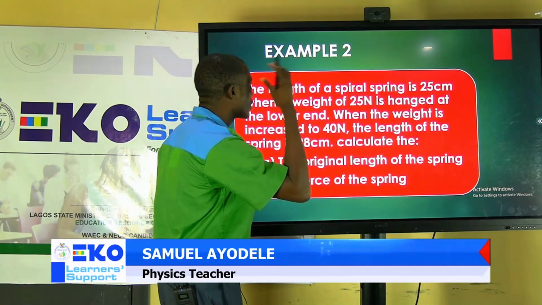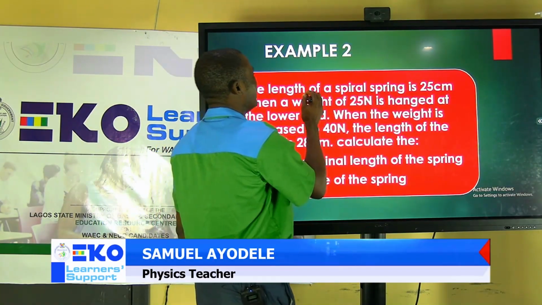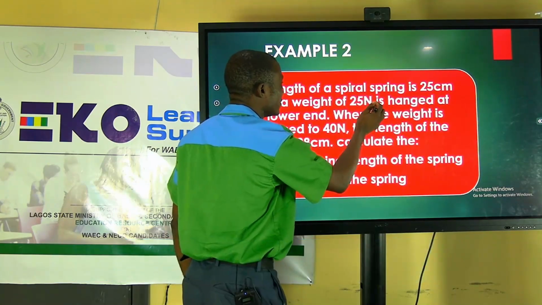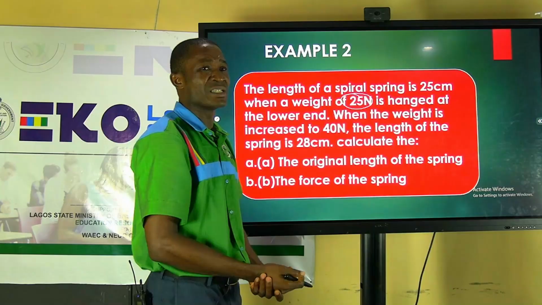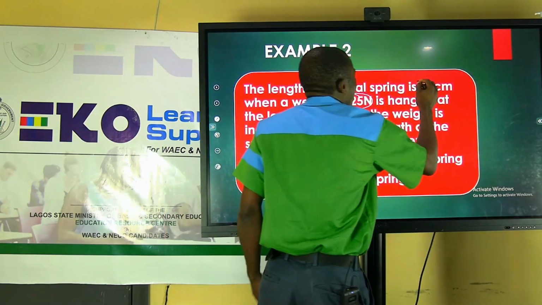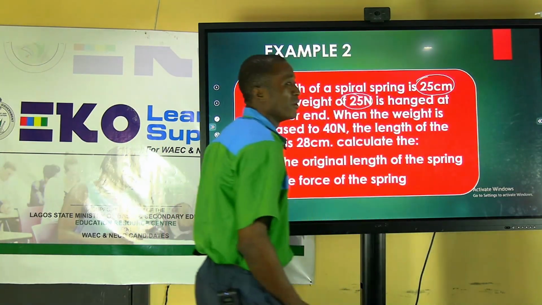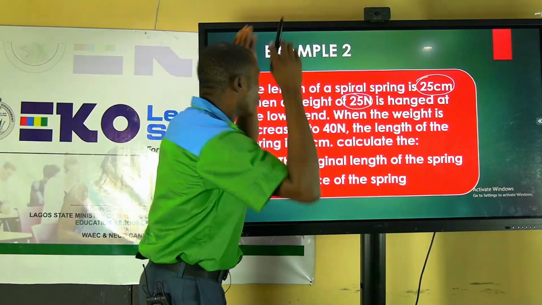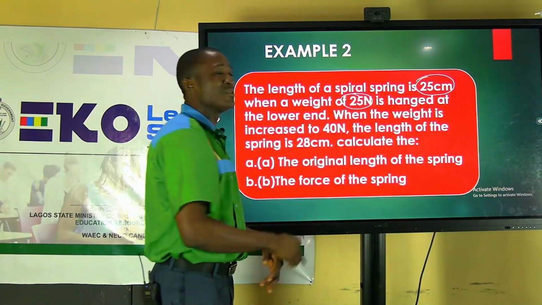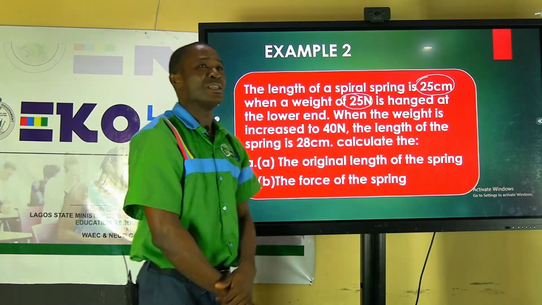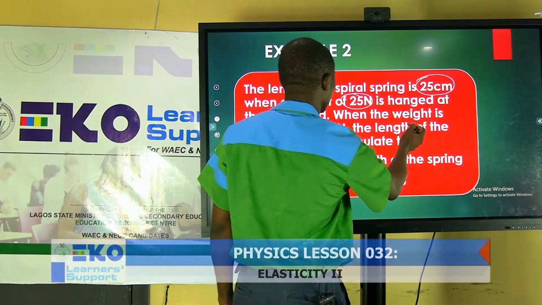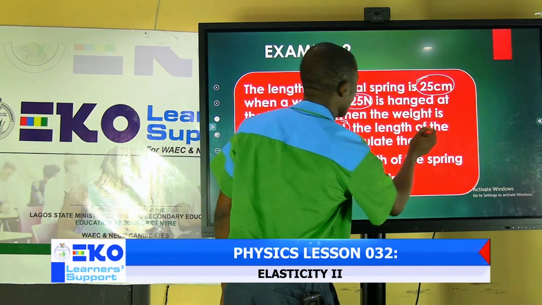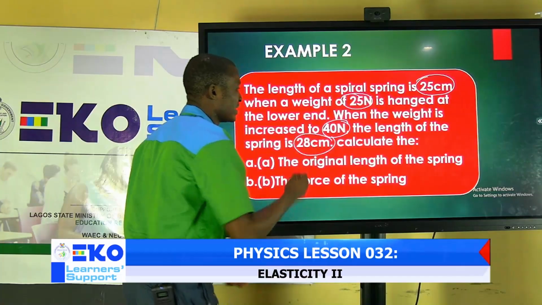All we have from the question is that when a weight of 25 Newton is added, the length is 25 centimeters. We don't know what the original length was before. And once you change the weight to 40 Newton, the length becomes 28 centimeters.